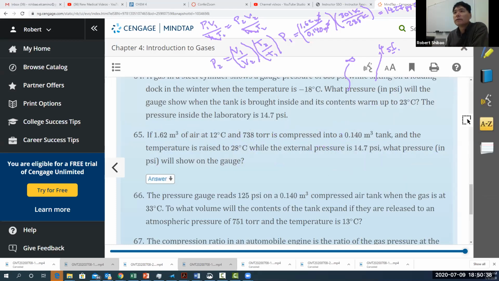Let's delete this stuff here. If our tank had this as gauge, if our tank had this as absolute pressure here, then let's see.